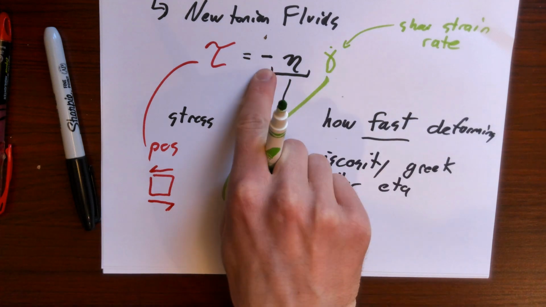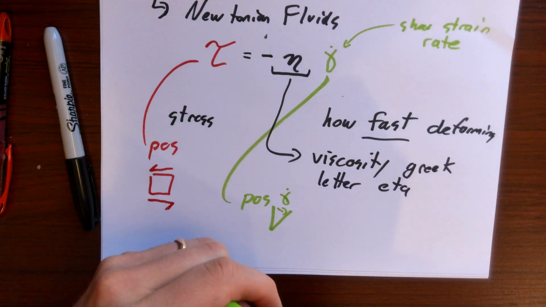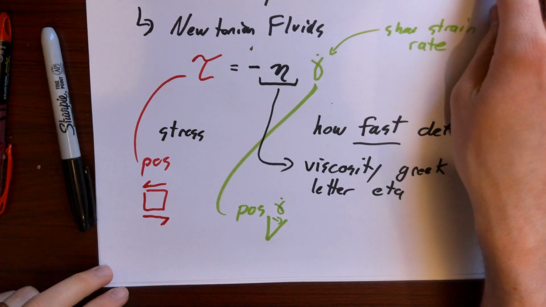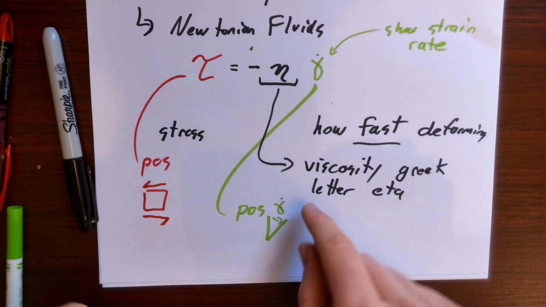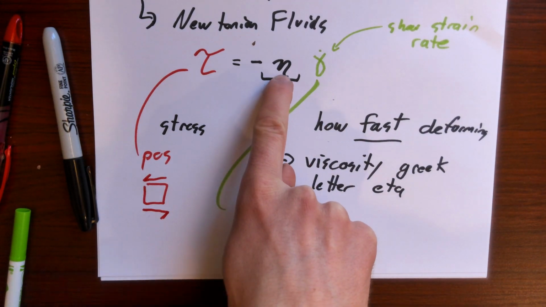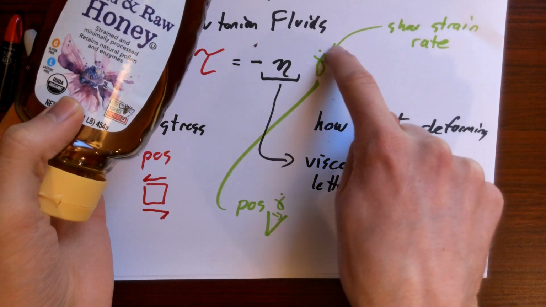So that's why we have this negative sign here, to account for our somewhat weird definition of shear stress that we have to use because, well, you've got to pick one. Okay, so viscosity is this proportionality constant, and fluids with a higher viscosity, like honey, need more shear stress for a certain strain rate.